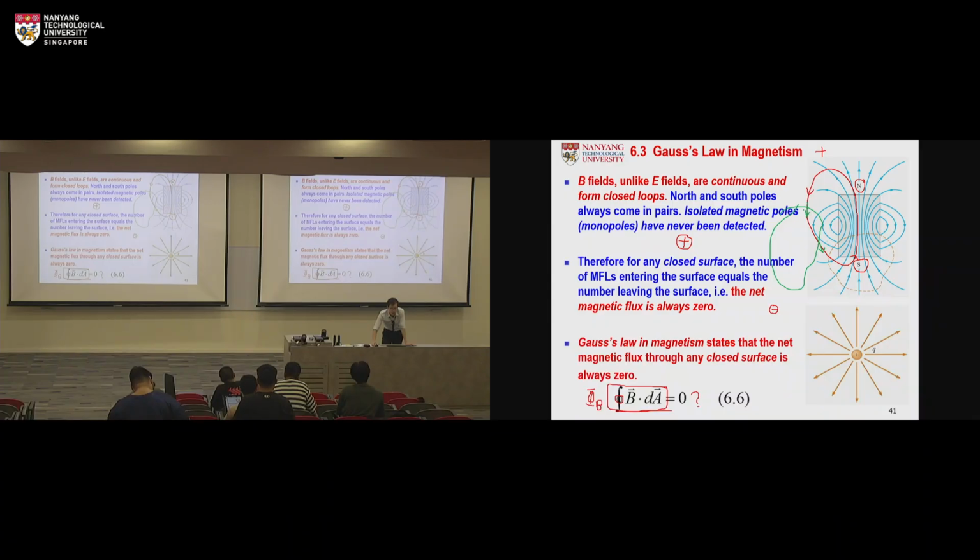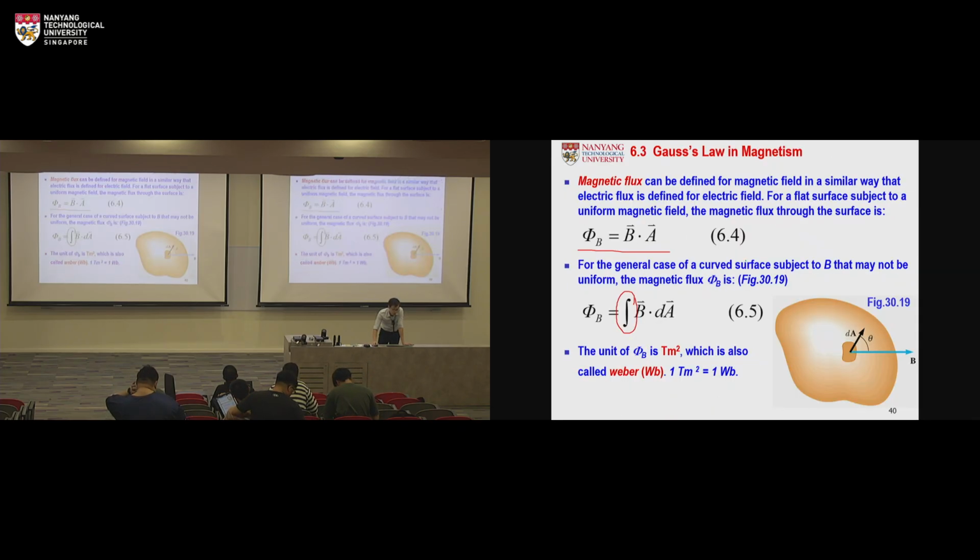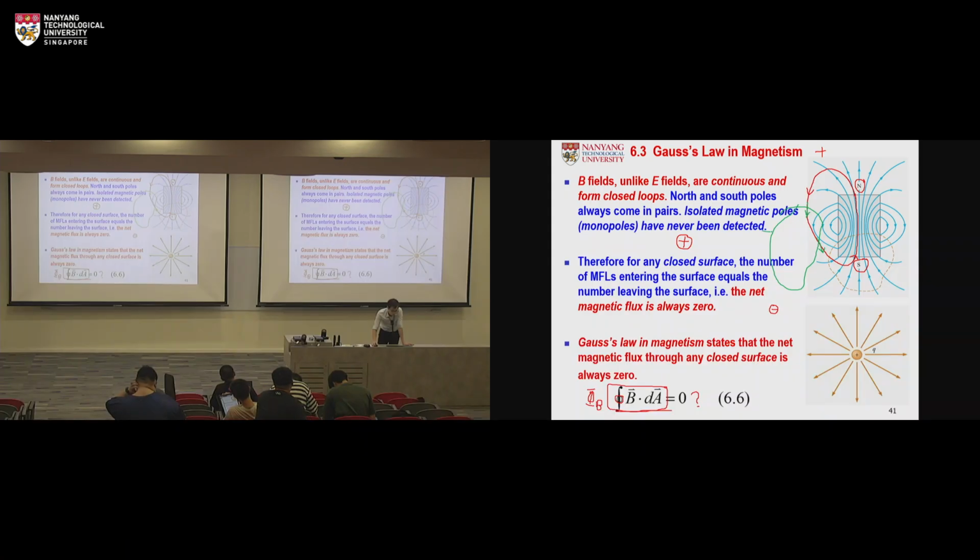That is to say, the net number of magnetic field lines penetrating through the closed surface must always be 0. And that is the meaning of this, right? The magnetic flux through a closed surface must always be 0.